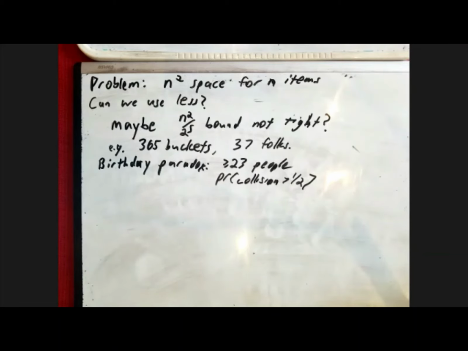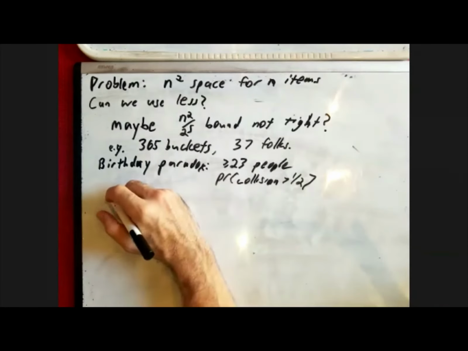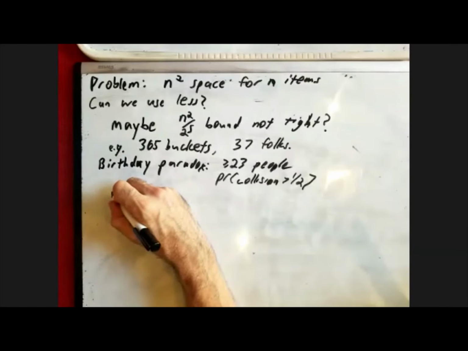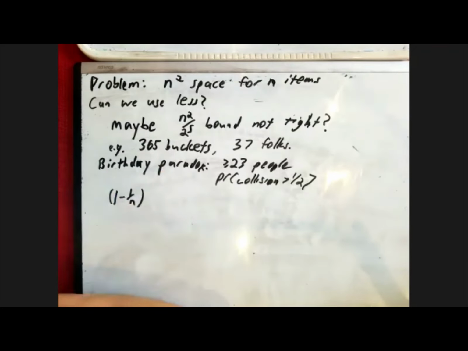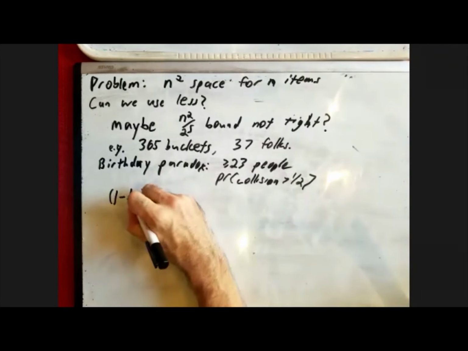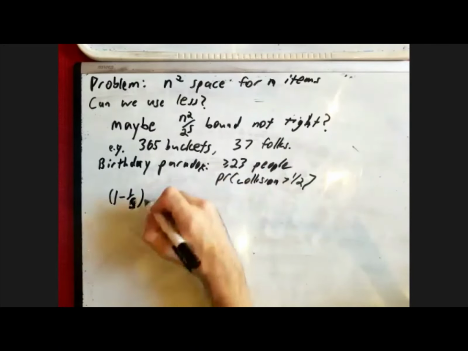And the reason for that, let's think about putting you into your buckets one at a time. So the first person has no collision, right? But the probability that the next person doesn't collide with you is 1 minus 1 over s if there are s buckets, because they have to avoid one bucket.